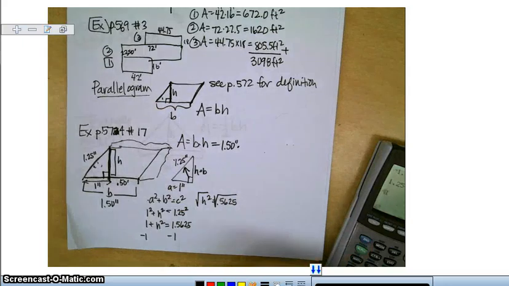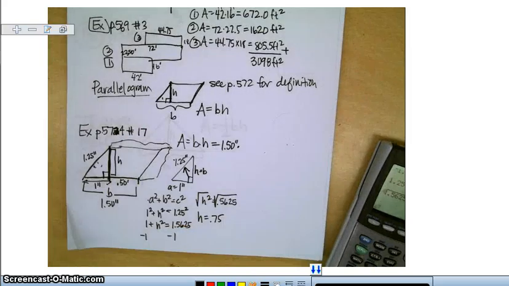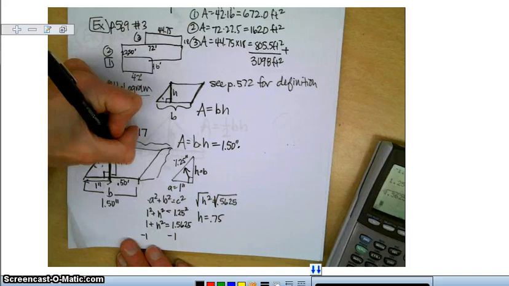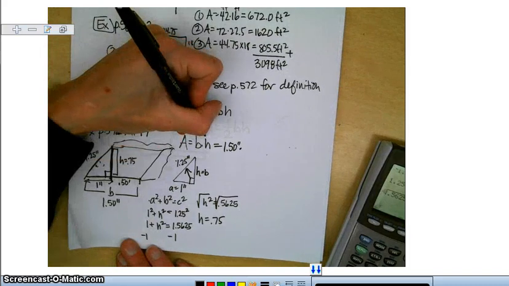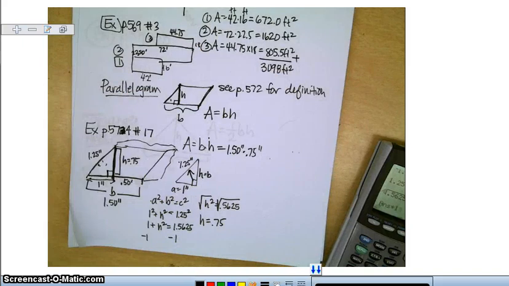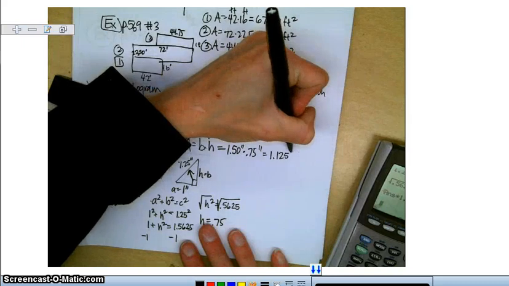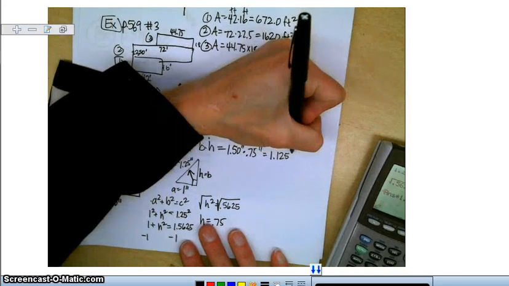So the square root of 0.5625 will give me the height, which is 0.75. So now I know that the height is 0.75, and so I can just plug it right in there, times 0.75 inches. So 0.75 times 1.5 gives me 1.125, and this would be inches squared.